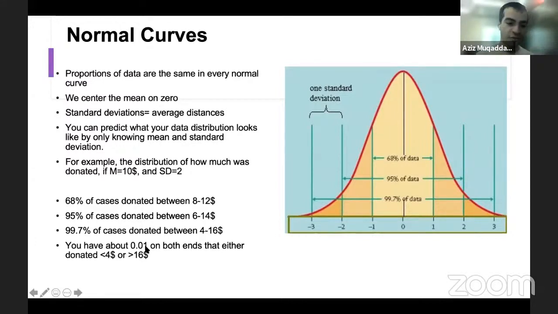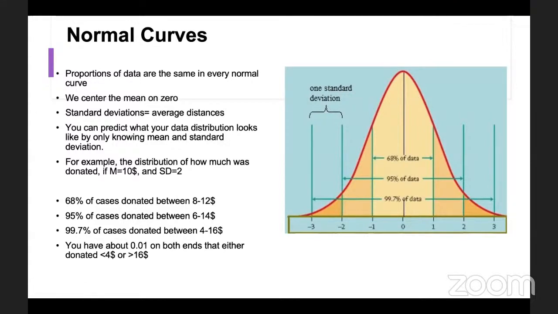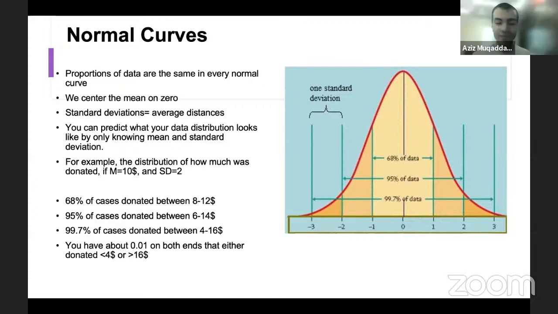So those are people who are obviously not in the 68%, and they're not even in the 99.7%. They are beyond either the negative tail or the positive tail.